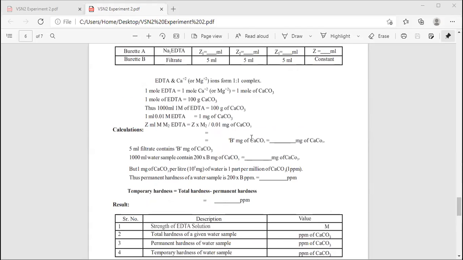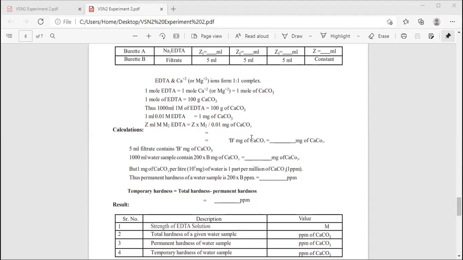Give me what is the answer of B. Chalo, do it fast. 1.632.